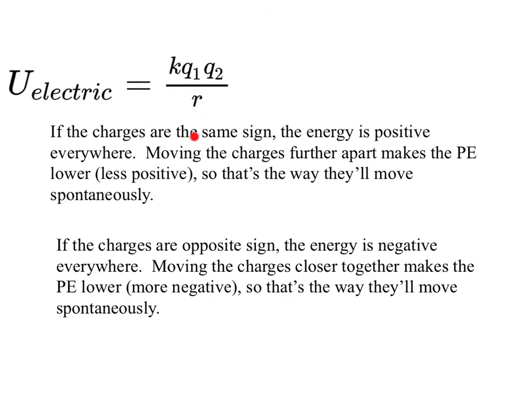All right, if the charges have the same sign, the energy is positive everywhere. That's interesting, right? But you can just see k times plus times plus is positive, or minus times minus is positive, and r, of course, is positive. So this whole thing is positive, which means there's always some potential energy. And if we were to graph this, it would go as 1 over r.